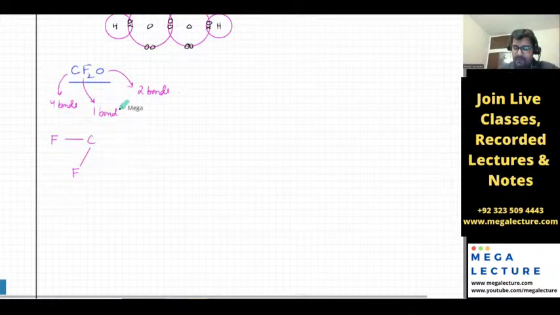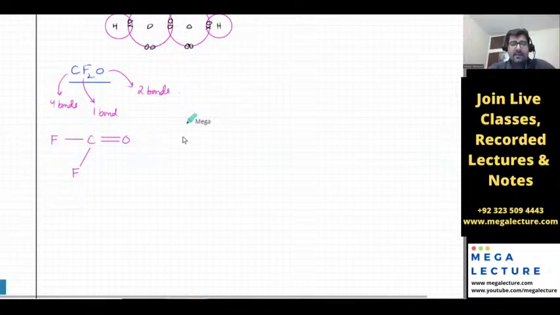And I'm left with 1 oxygen. The oxygen is supposed to make 2 bonds. So carbon's bonds are complete. Carbon is making 4 bonds: 1 over here, 1 over here, 2 over here. Oxygen makes 2 bonds. Fluorine makes 1 bond. Fluorine makes 1 bond. So it's like a puzzle. So we've figured this out.